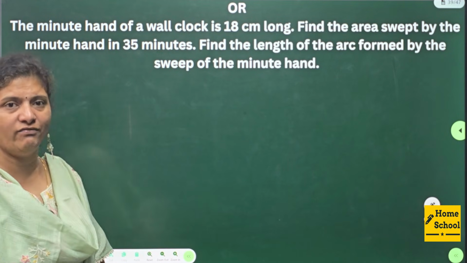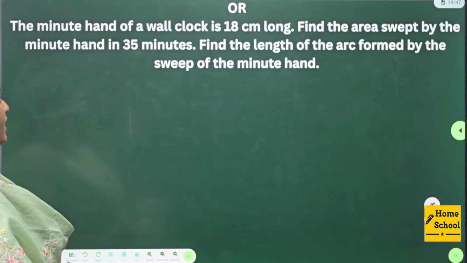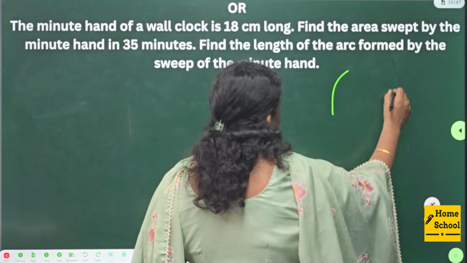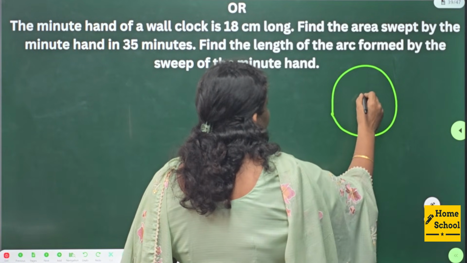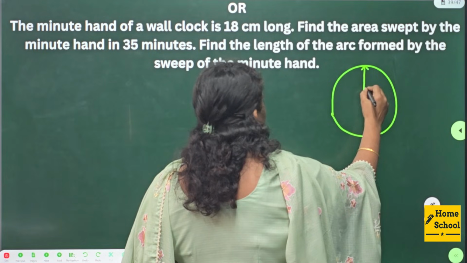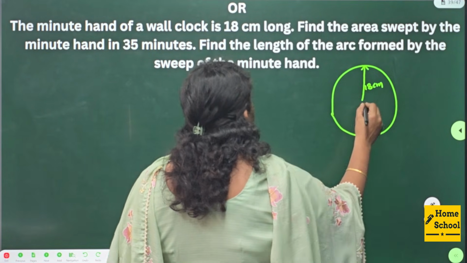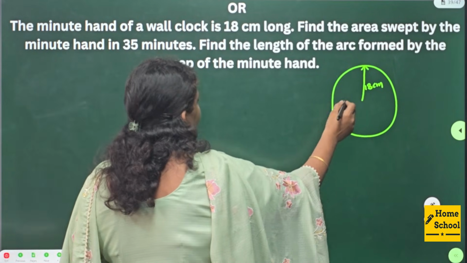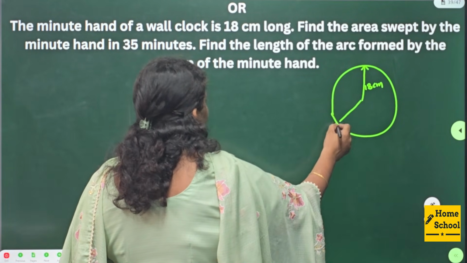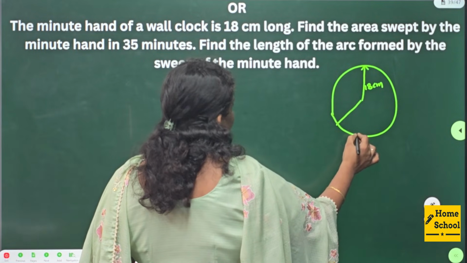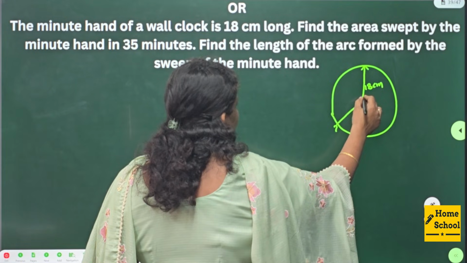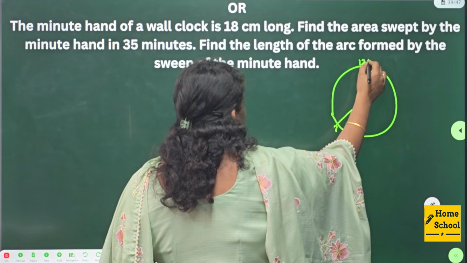In this we have one more OR question. The minute hand of a wall clock is 18 centimeters long. Let us imagine this as a wall clock. 18 centimeters long means radius. Find the area swept by the minute hand in 35 minutes. So imagine this is 7. That means 35 minutes it has taken.